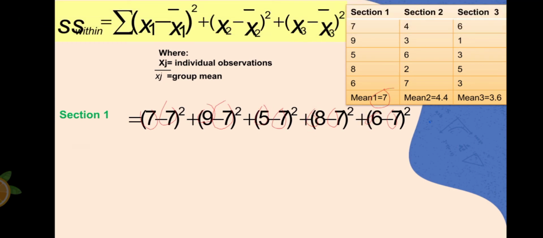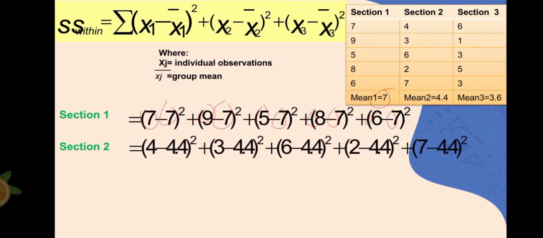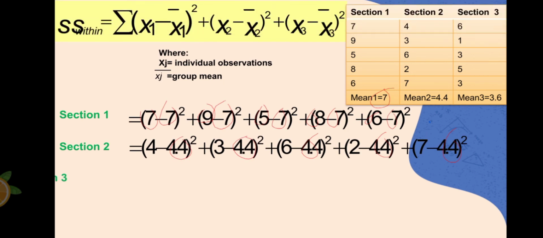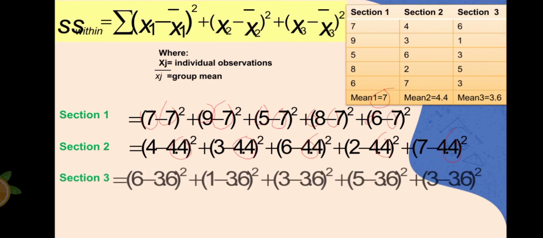In section 2, the same process. So we have here our group mean, which is 4.4. So this would be our group mean. And for section 3, we also have the same process.